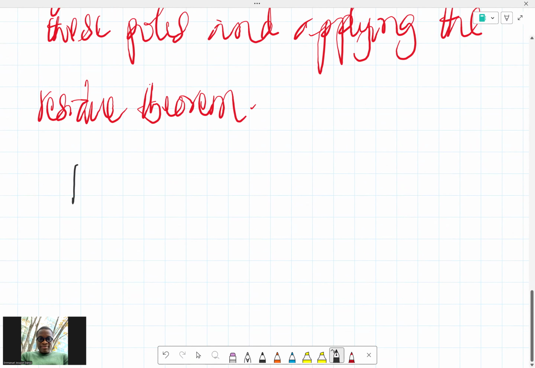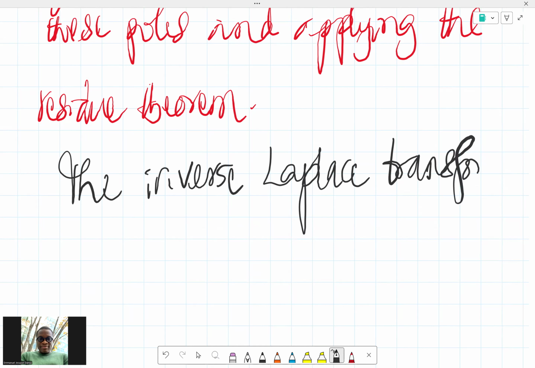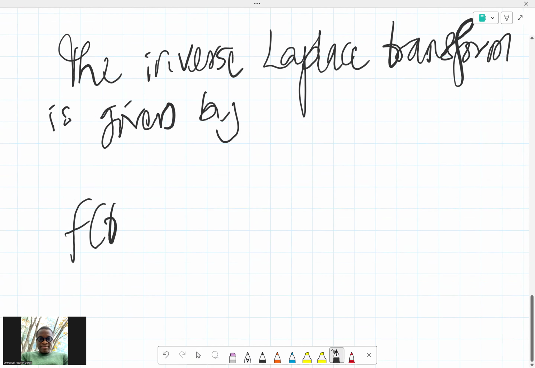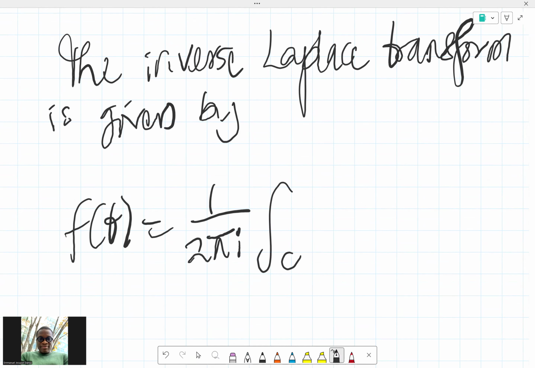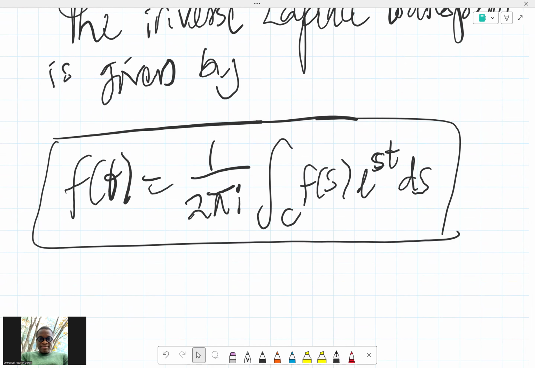The inverse Laplace transform is given by f of t equals 1 over 2 pi i times the integral along a curve of F of s e raised to the power st ds. So that's how we get the inverse Laplace using the residue theorem.